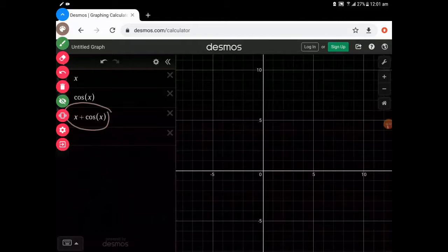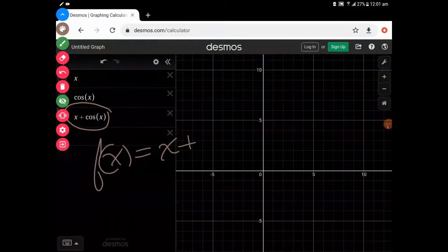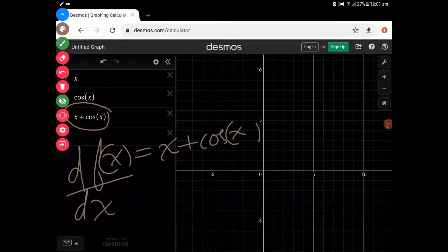That will be our question. So the question is f of x, one function, is equal to the sum of two functions, x function and cos x function. So how do we differentiate it? So this is d by dx of this whole thing. How do we do it? So that is what we need to see.